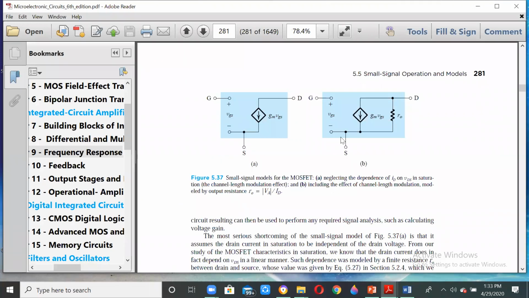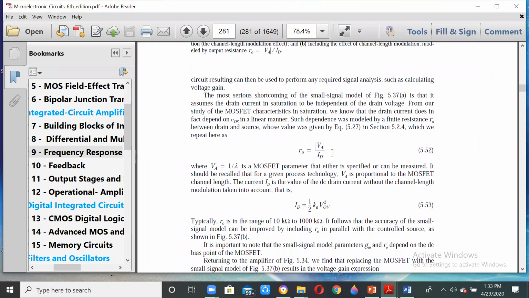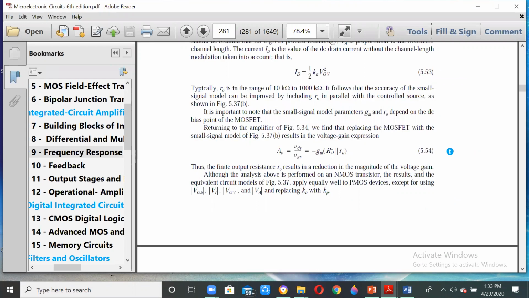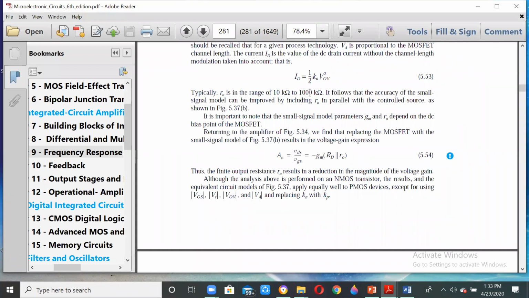So you have the equivalent circuit. From the equivalent circuit, you need to derive and find out the voltage gain. The voltage gain will turn out to be AV equal to VDS by VGS equal to minus gm RD ro. So this is to be derived from the equivalent circuit.